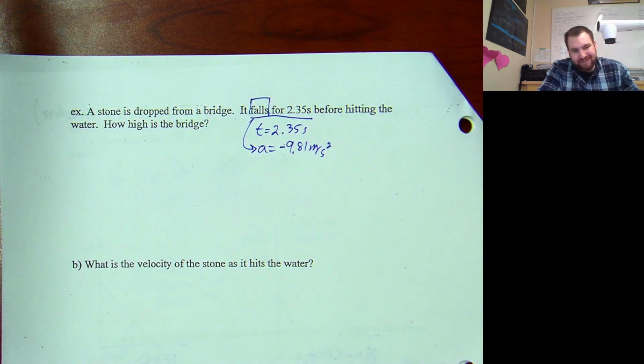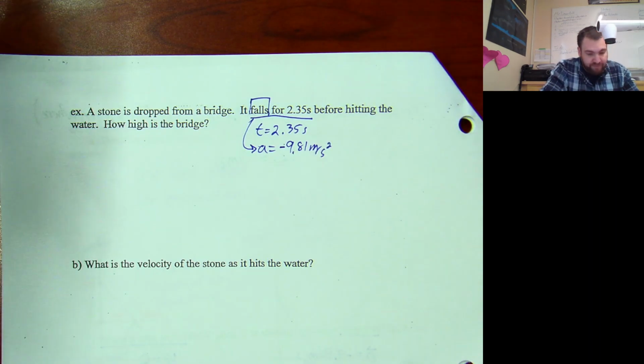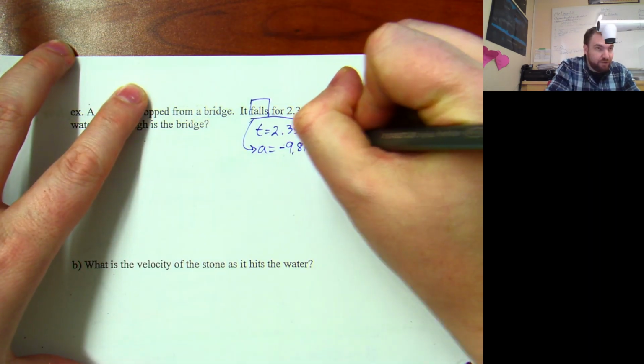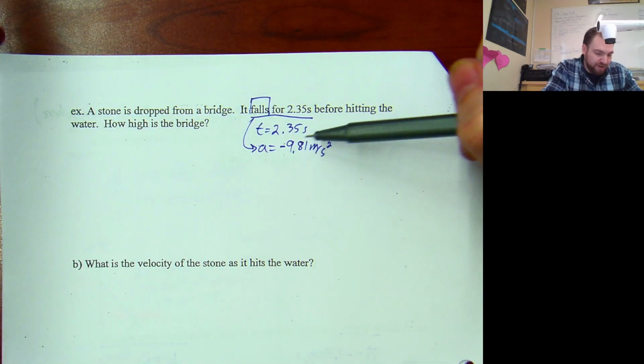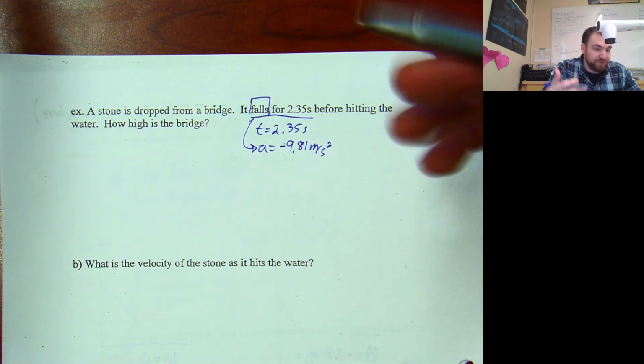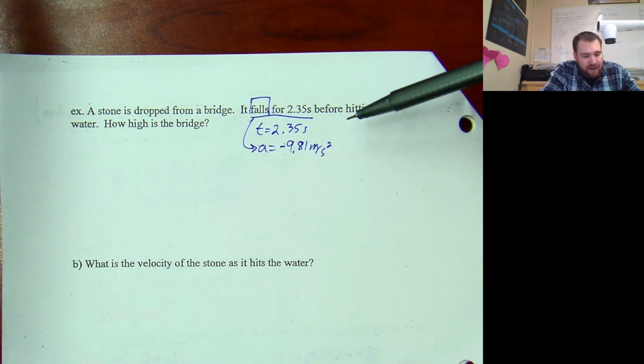It's 9.806, I think. So this is a rounded value. Even if we start using 9.8, that's totally acceptable. You're going to see a few different values here. It's because we can either round it to a particular point or it gets more exact. I like 9.81. What else do we know?